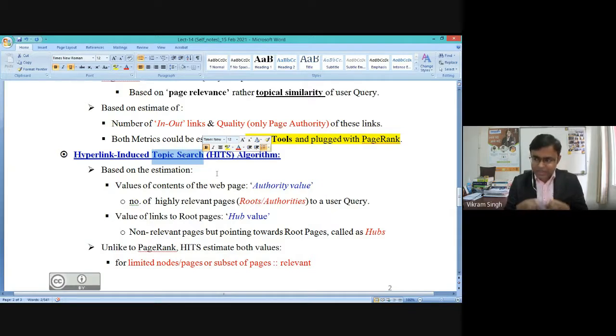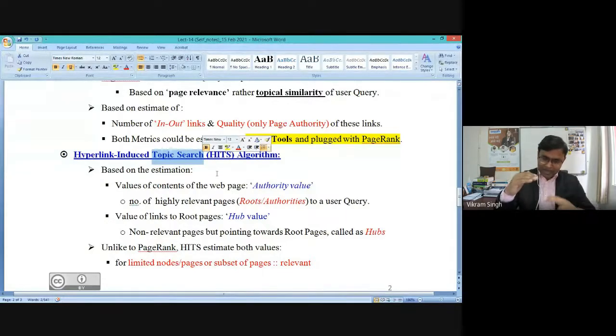These 20 or 30 web pages will be considered root pages, because they contain the input query. So you can say that these web pages have some sort of authority, some sort of role as roots. So for HITS based algorithms, these two levels of pages also have roles.